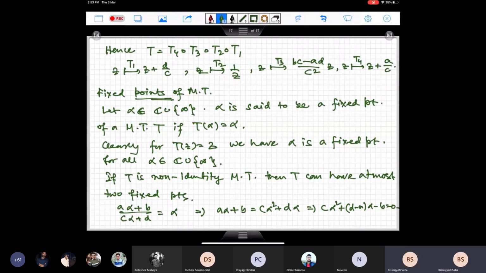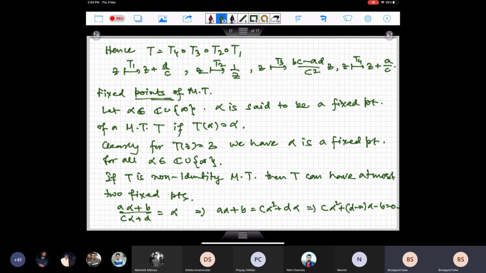So alpha satisfies at most a degree 2 equation, right? Of course there could be two different solutions, there could be only one solution, meaning alpha could be a double root, or C could be 0 and you could have only one solution. So many possibilities we can have. And here you should also remember that I am going to allow alpha to be equal to infinity also.